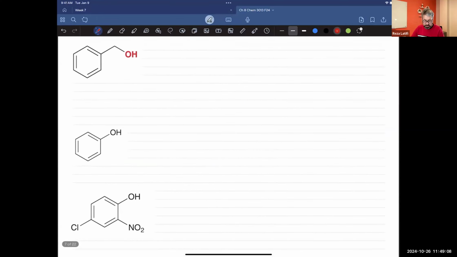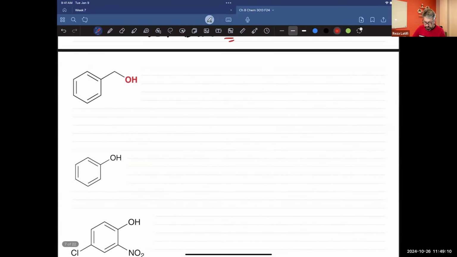Okay, let's practice it more. If you have a substituent like this that is attached to somewhere, and this one by itself, we call it phenyl. Okay, why yl? Because I want to show that it's attached to somewhere else.